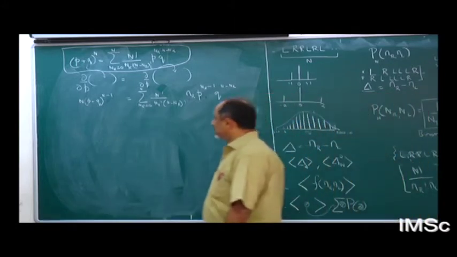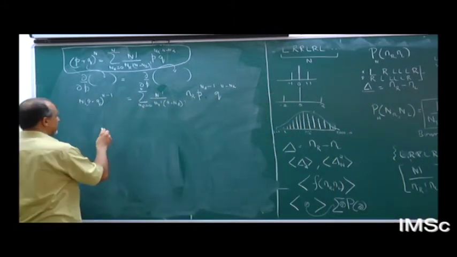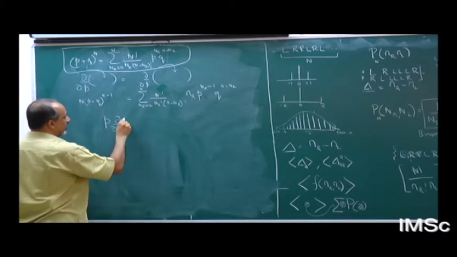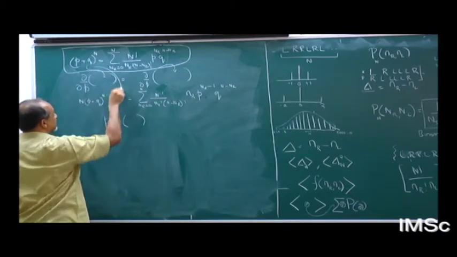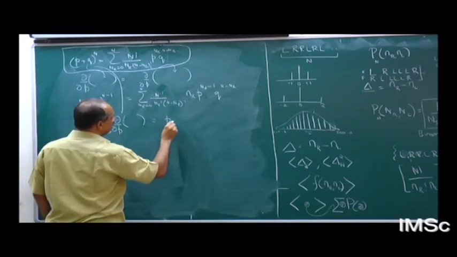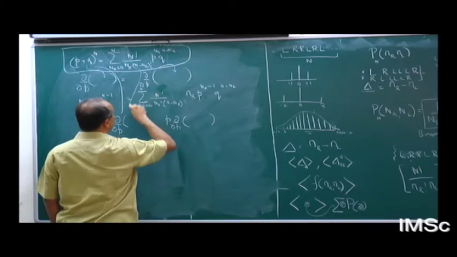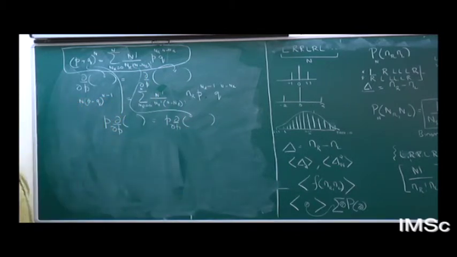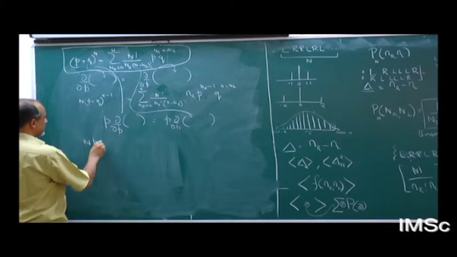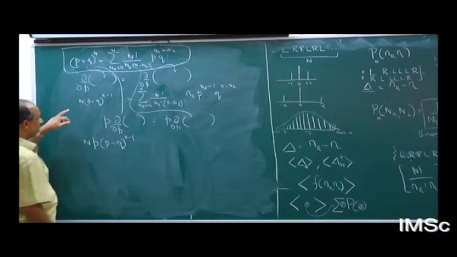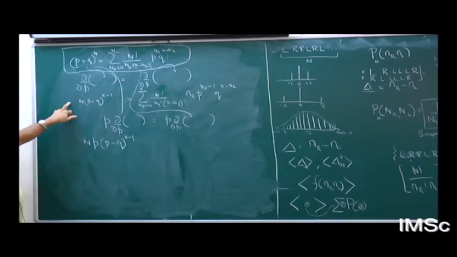So the way to solve that is, instead of just taking delta by delta p, I multiply p into delta by delta p of this left hand side, equal to p into delta by delta p of this right hand side. So on the left hand side, I have n times p plus q to the power n minus 1. You agree with that? I multiplied by p on the left hand side.